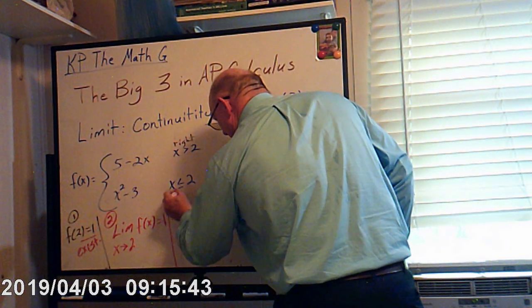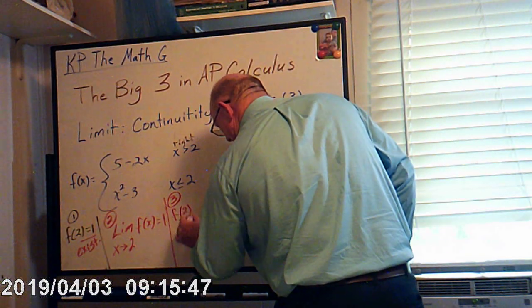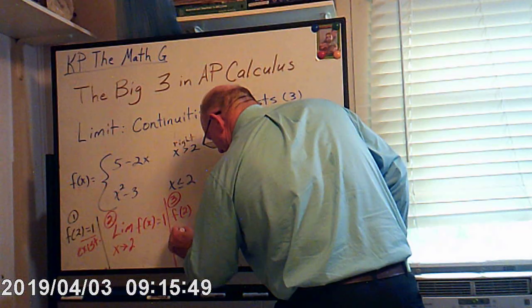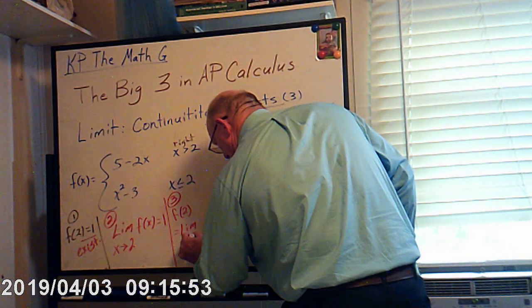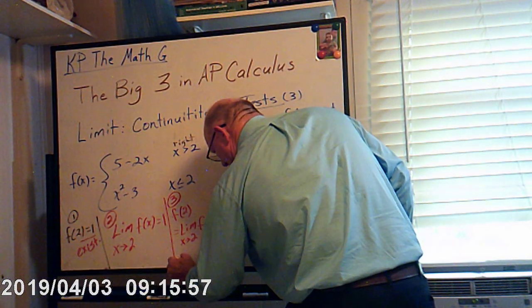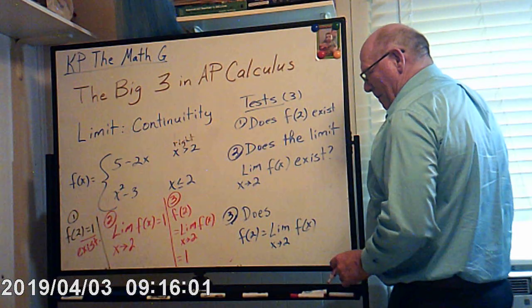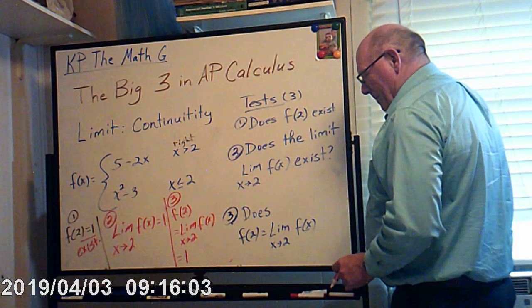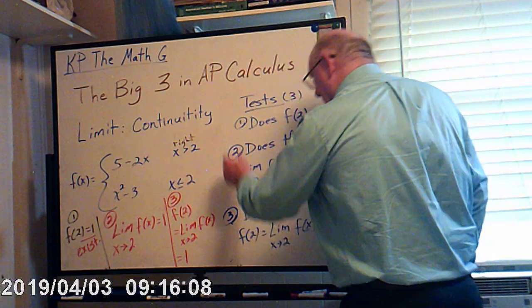So now number 3. F at 2 equals the limit as x approaches 2 of f of x. What does it equal to? It equals 1. Both of them equal 1. So therefore, this is correct.